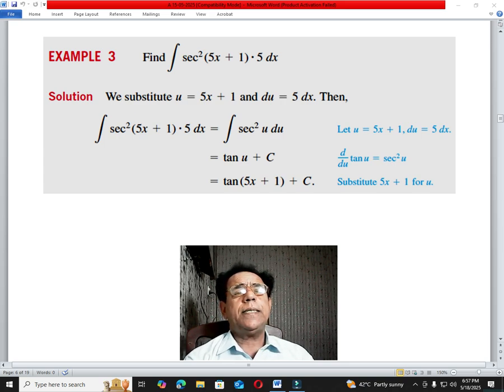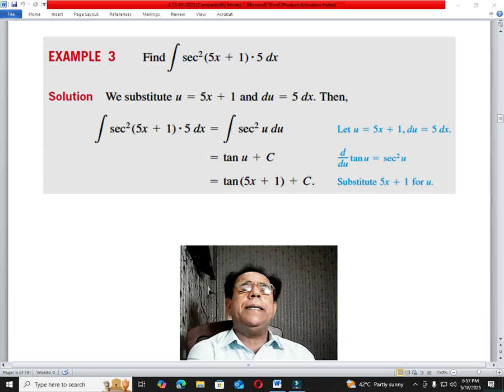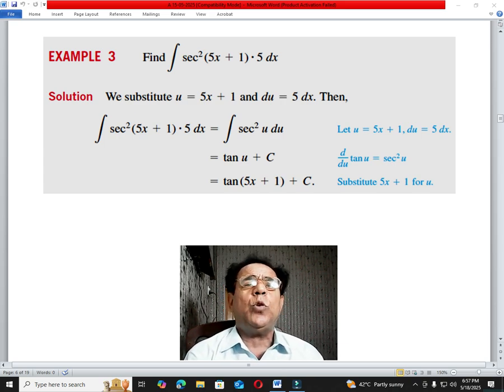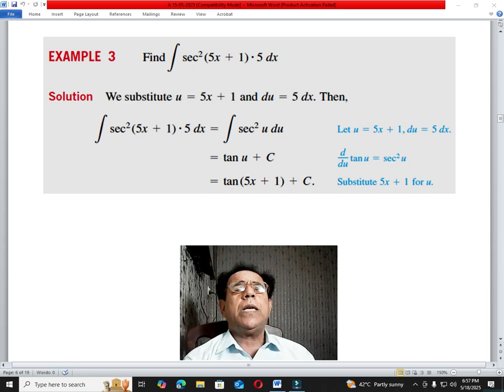So dear students, in this example we are going to substitute 5x plus 1 by u, then we will find du by dx, and from here we will find simply the value of du, which will be equal to 5 dx, and 5 dx appears in the problem statement.